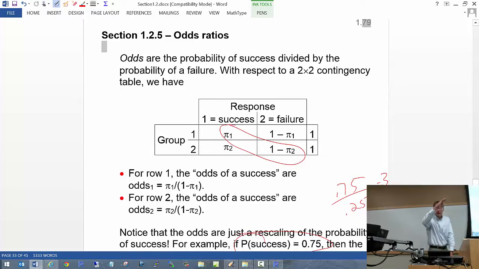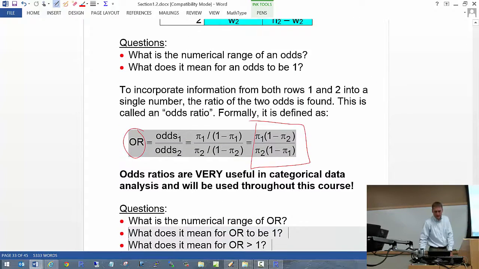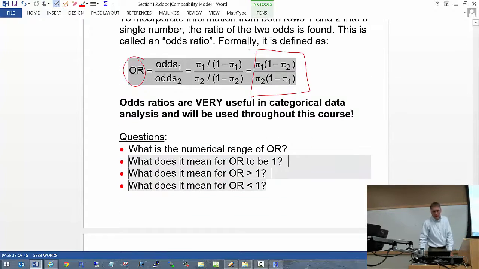So the diagonal, you can say, of the table. And then the denominator ends up being the product of the off diagonal, pi 2 times 1 minus pi 1. So that's an easy way to remember how to calculate that odds ratio. So then some questions. What is the numerical range of an odds ratio?